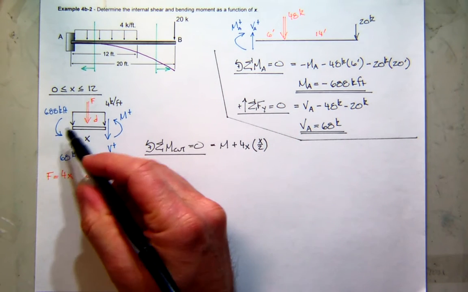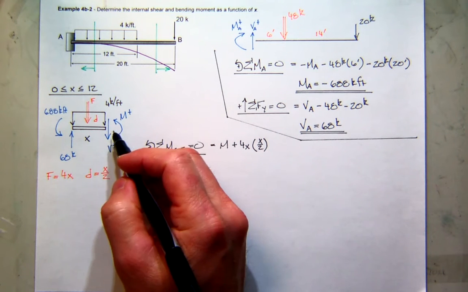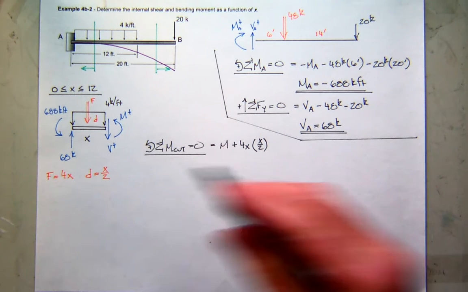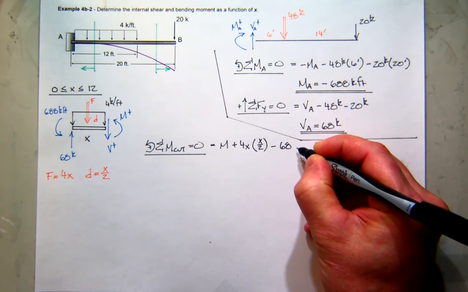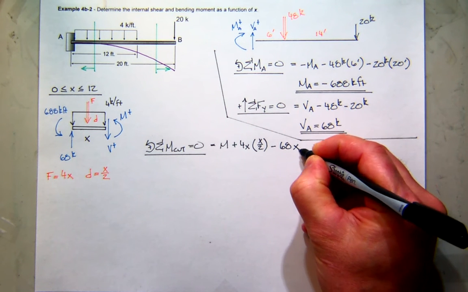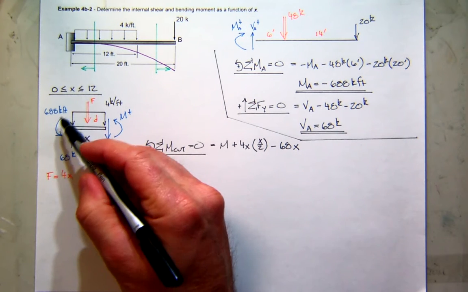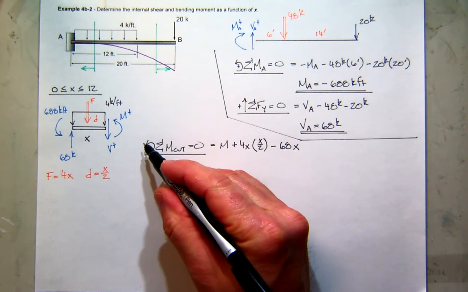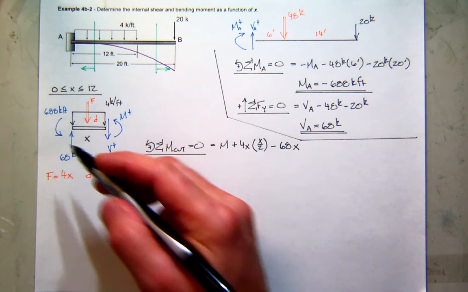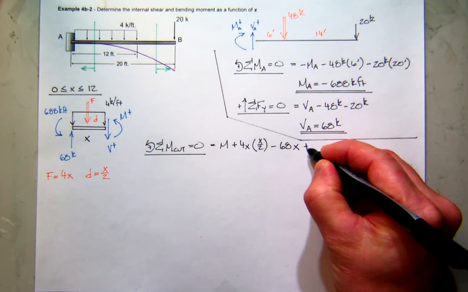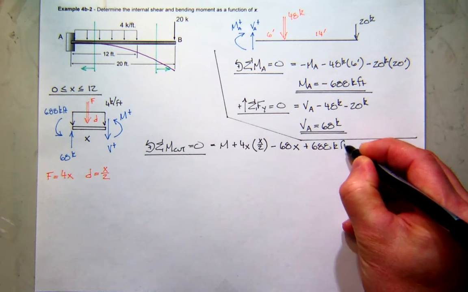Then I get here on the end, and I've got this 68 kip force that's acting up. What kind of moment does it create about the cut? Negative. So that'll be a force of 68 times the distance of x. And then finally I have this moment, and using the right-hand rule for my sign convention, what kind of moment is this? Positive or negative? Positive. So I'll just say plus 688 kip feet.